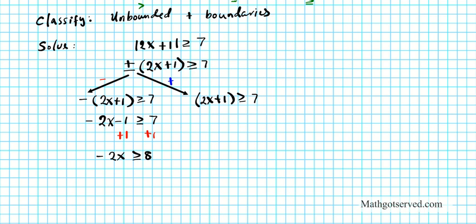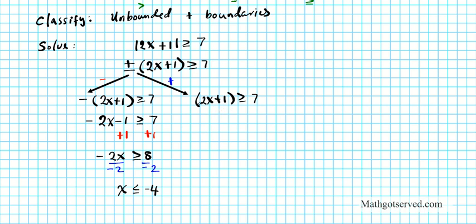And then you divide both sides by negative 2. Now note, anytime you divide by a negative, the inequality switches. So instead of greater than or equal to, it's going to be less than or equal to negative 4. So there goes the upper bound of the lower unbounded region.